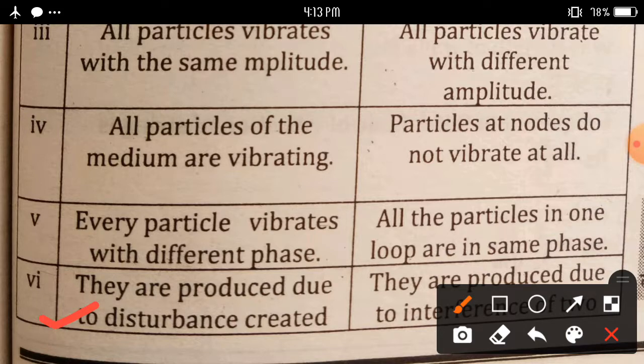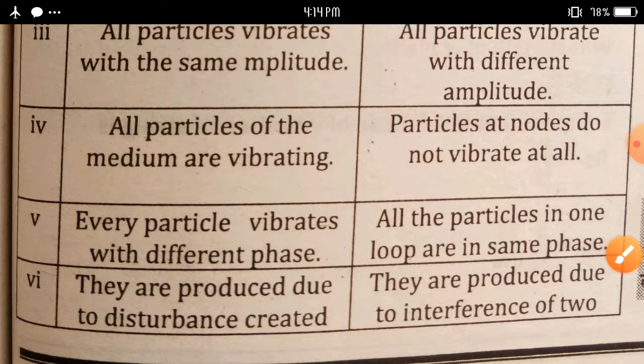And stationary waves are produced due to interference of two identical simple harmonic progressive waves traveling in opposite directions. In this way we can distinguish between a progressive wave and a stationary wave.